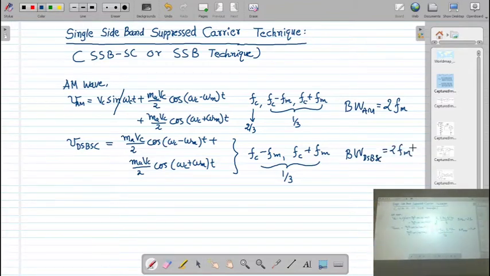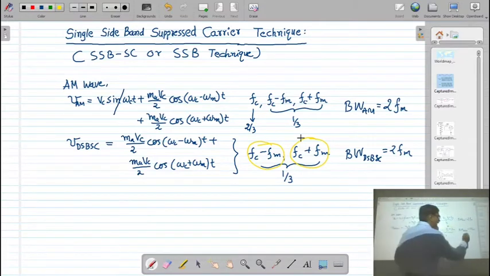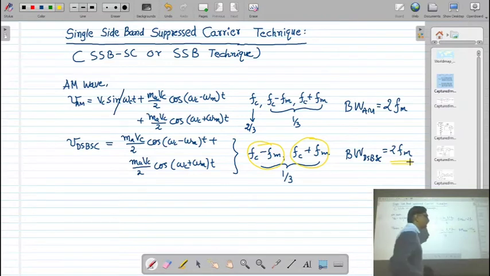So there is no change in the bandwidth. We know that whatever information is carried by the lower sideband frequency, the same information is also carried by the upper sideband frequency. So in the DSBSC technique, we are transmitting both the sideband frequencies, and that's why the bandwidth is not going to change and it remains 2 Fm.